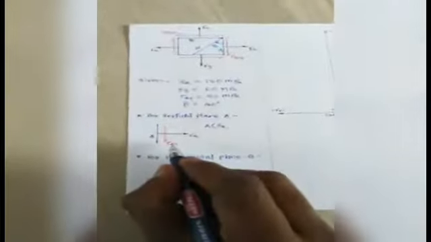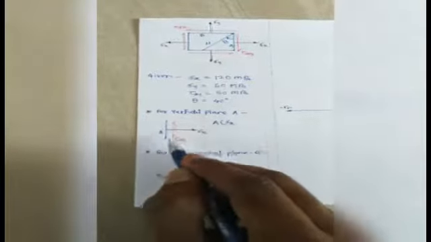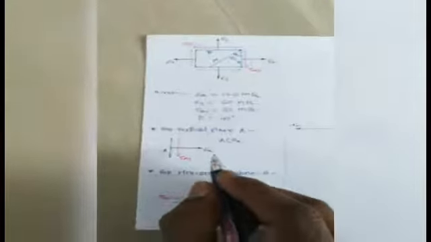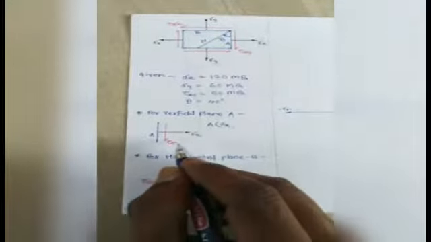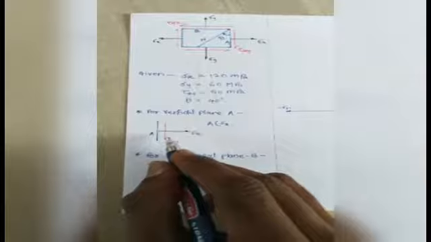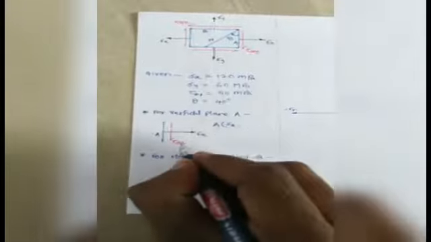Tau xy is a clockwise shear stress, so it will be considered positive, because clockwise shear stress is positive and anti-clockwise shear stress is negative. So the coordinates of point A will be sigma x and tau xy.